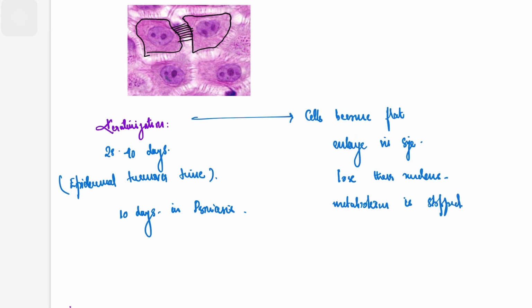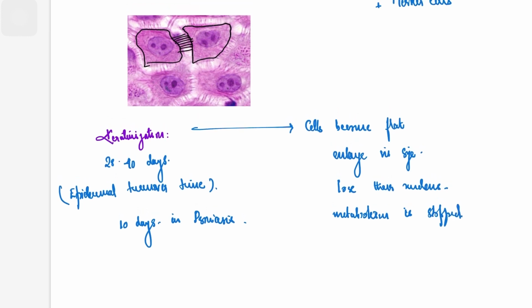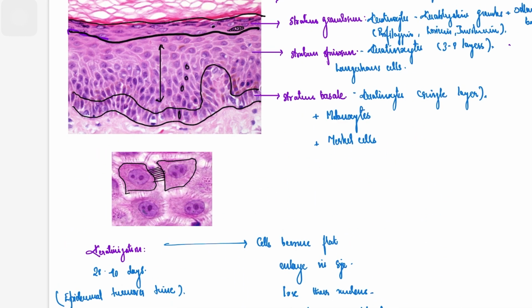Okay, this is the final thing which is happening in the keratinization. So what happens in keratinization is the cells proliferate in the basal layer, and they migrate towards the spinous layer, and in the spinous layer they undergo differentiation and acquire certain granules, and they migrate to the granular layer, and in the granular layer they form the lipoproteinaceous structure which moves towards the stratum corneum.